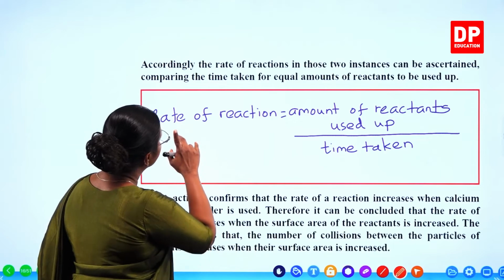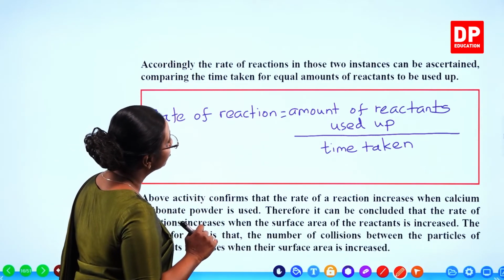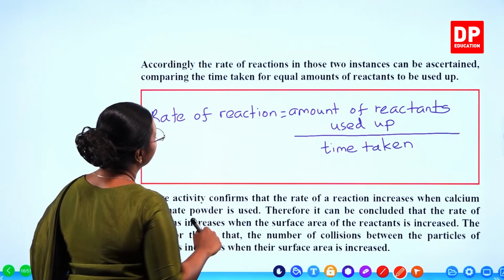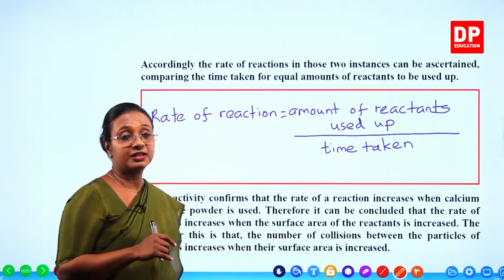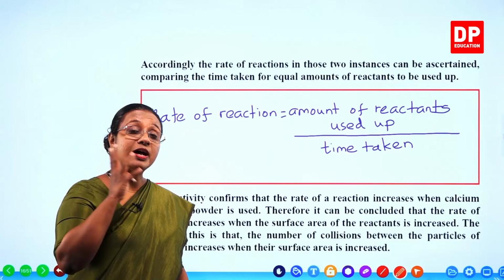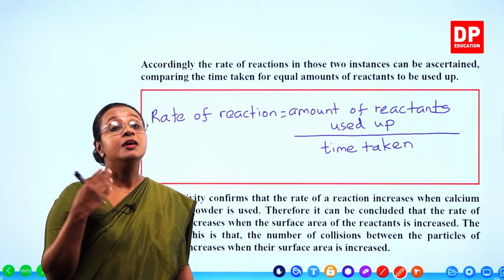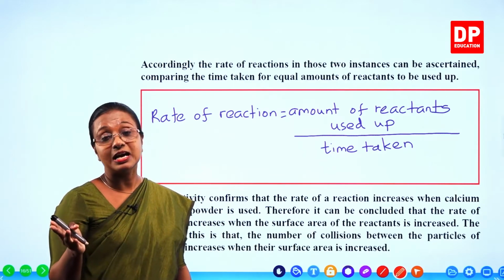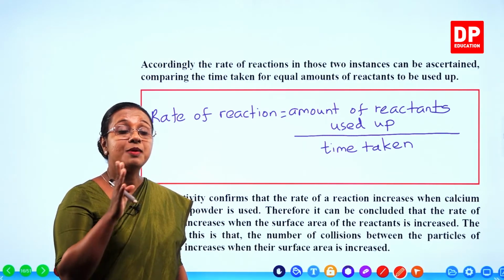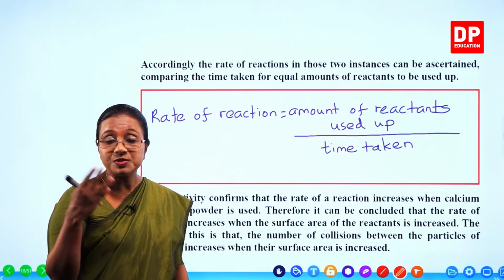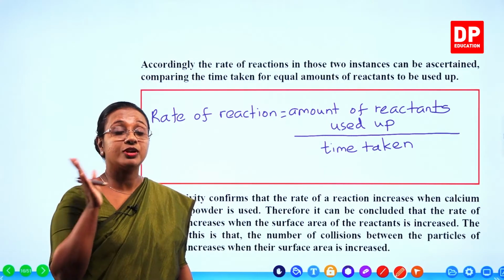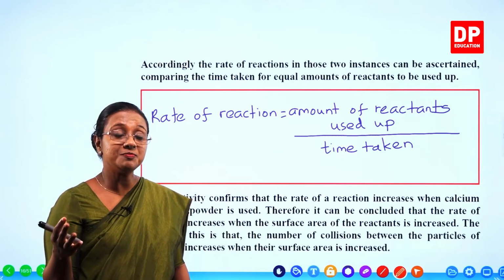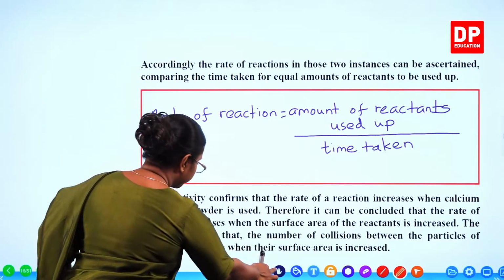So accordingly, the rate of reactions in those two instances can be ascertained by comparing the time taken for equal amounts of reactants to be used up. So one was 3 minutes for powder, chips was greater than 4 minutes. So comparing the time taken, we can say powder reacts fast. Chips take a long time to react. So rate of reaction of powder is high, rate of reaction of chips is less.